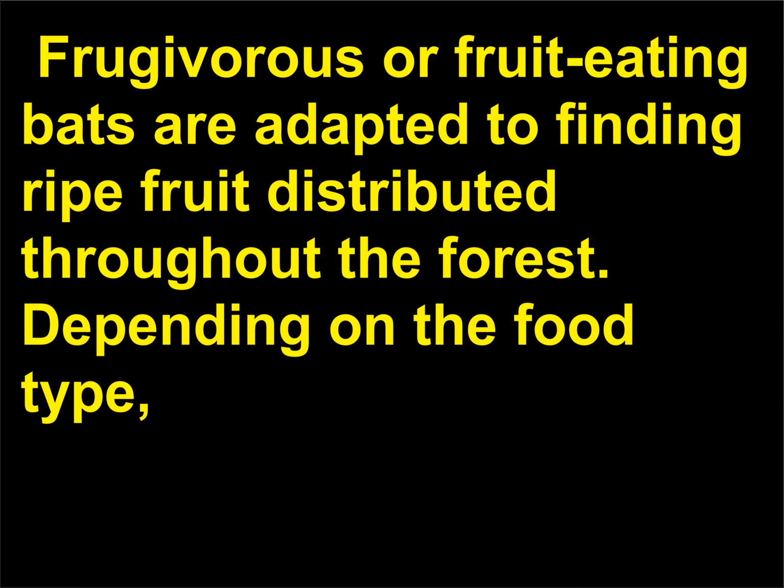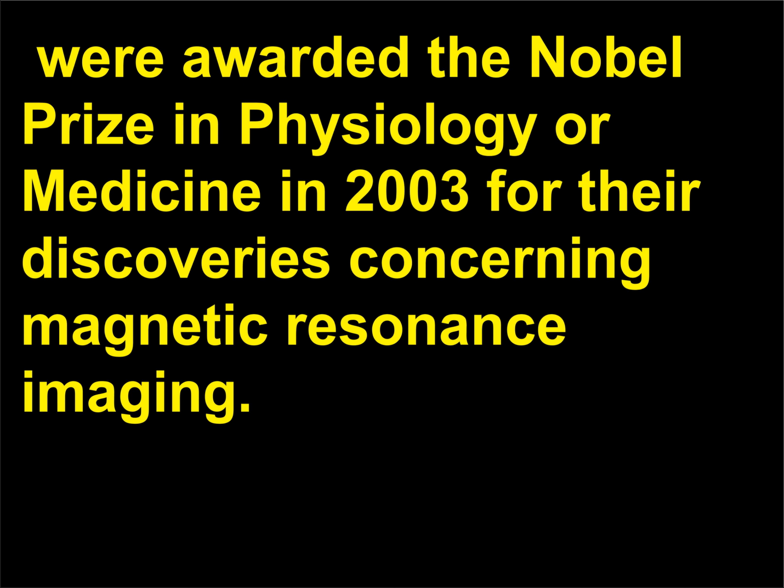The fundamental MRI imaging concept used in all present-day MRI instruments was proposed by Paul Lauterbur (1929) in an article in Nature in 1973. Lauterbur and Peter Mansfield (1933) were awarded the Nobel Prize in Physiology or Medicine in 2003 for their discoveries concerning magnetic resonance imaging.